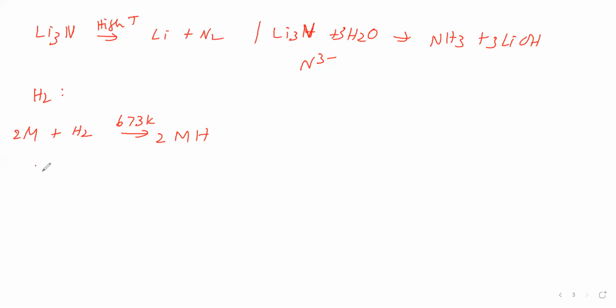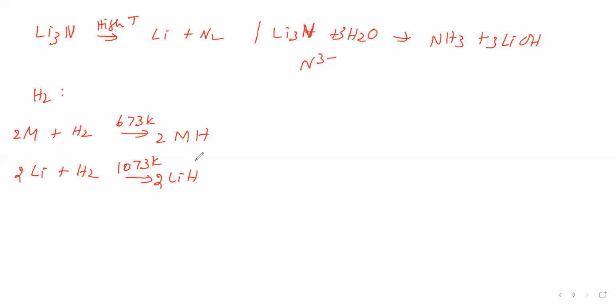But lithium gives hydride at 1073 Kelvin. Rest of the alkali metals give hydride at 673 Kelvin.